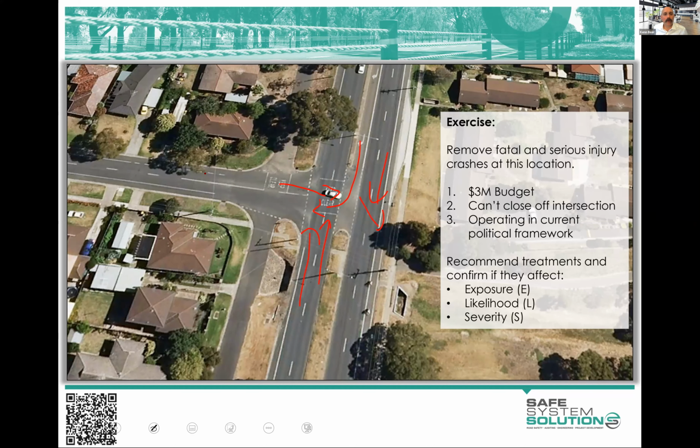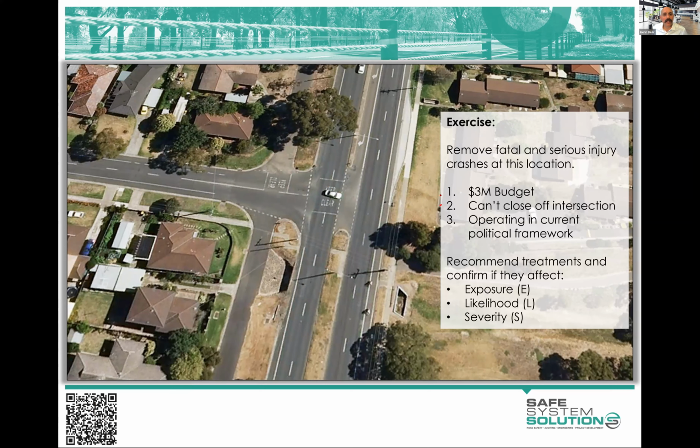Any more questions? Any questions at all, actually? So let me recap there. You are required to have a think about the intersection. You have $3 million to try to eliminate or get us as close to elimination of death and serious injury at this intersection as we possibly can.